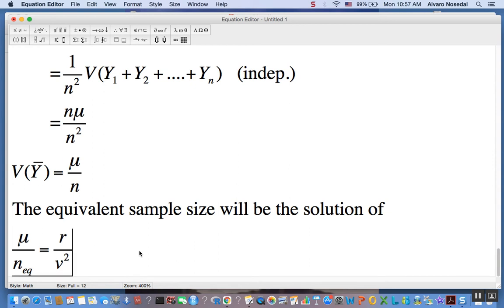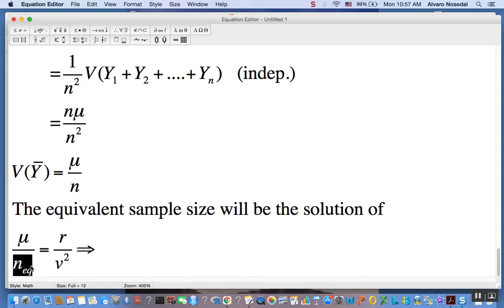Okay. So let's solve for n. So what we have is just we multiply by this guy and then we divide by that guy.